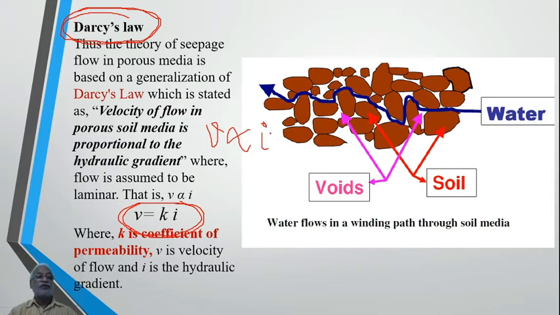V is proportional to i. Converting this proportionality into an equation, it will be V = Ki, where K is the proportionality constant. Flow is assumed to be laminar, so V is proportional to i. Now V = Ki, where K is the coefficient of permeability, V is the velocity of flow, and i is the hydraulic gradient. That is Darcy's law.